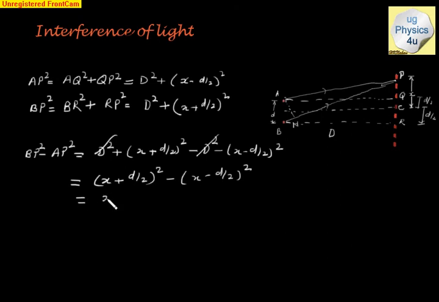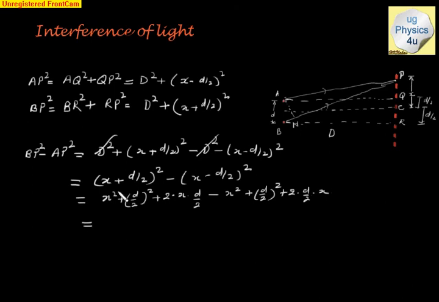Let us open. We get x square plus d by 2 whole square plus twice x into d by 2, minus x square plus d by 2 whole square minus twice d by 2 into x.